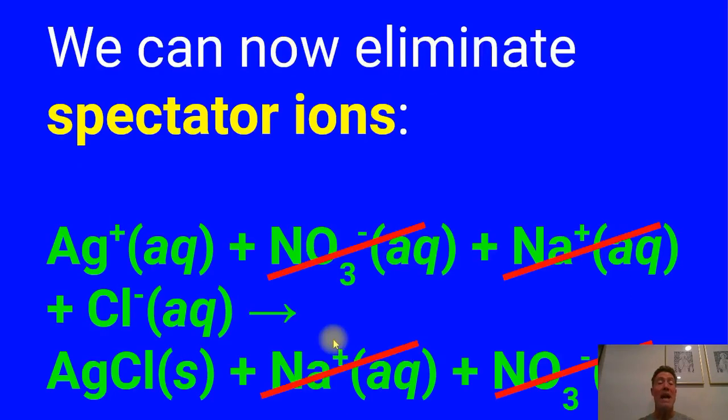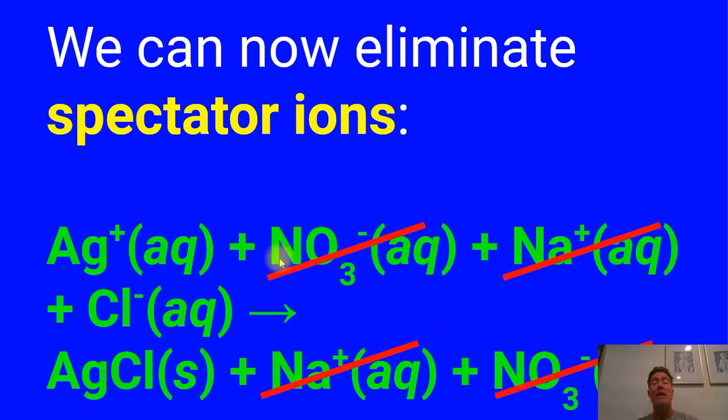And so we can actually eliminate them as spectator ions. They're just standing there watching the action. What's the action? Silver is getting together with chloride to form a new compound. These guys are going to the altar and getting married, and these guys are just like, okay, good luck, right?